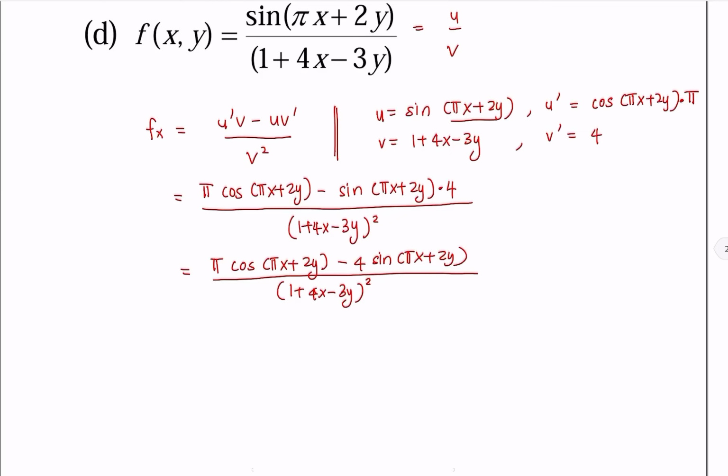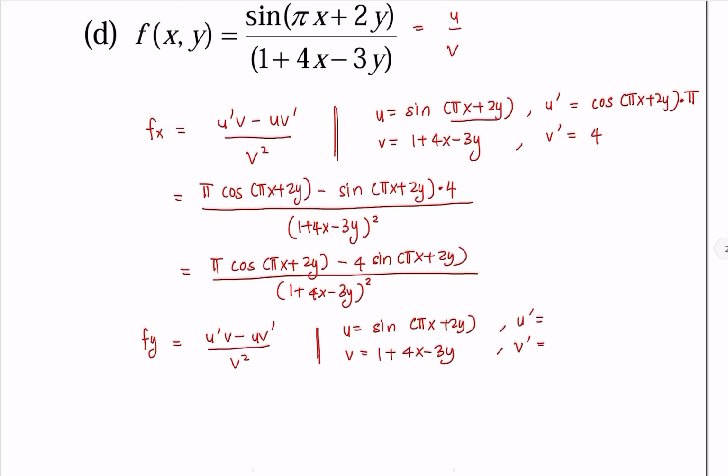So now we want to find fy. Still we need to use the quotient rule, which is (u'v minus uv') over v². Remember u is sin(πx + 2y), and v is 1 + 4x − 3y. But this time our x is constant.